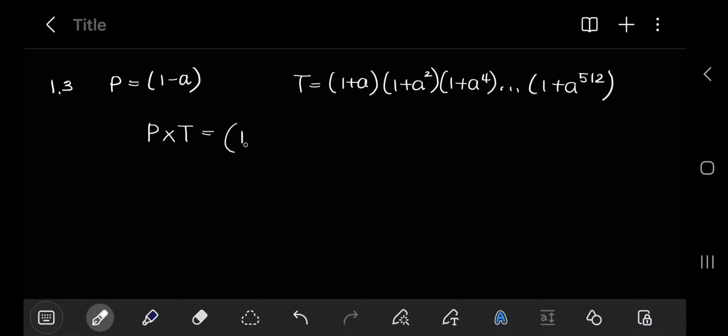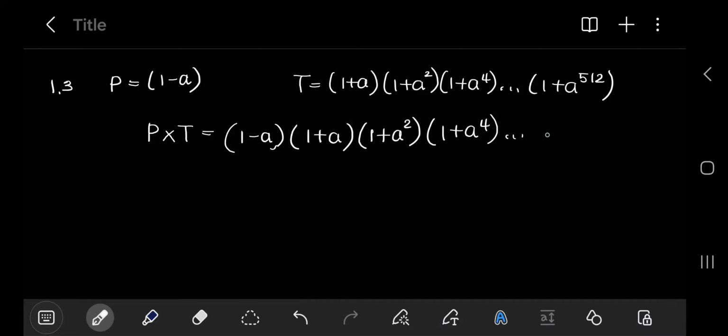So we're going to take what p is equal to, which is 1 minus a, and multiply it by what t is equal to. Okay, here is p and here's t.